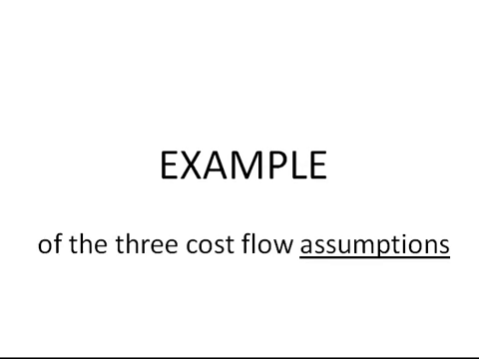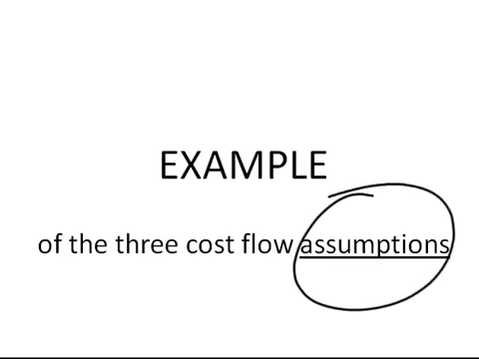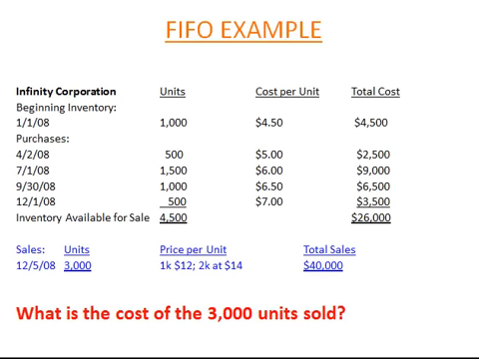Let's look at an example of these 3 cost flow assumptions. FIFO stands for first in, first out. In this example, we began with 1,000 units and we acquired 3,500 more, totaling 4,500 units available for sale during the period.